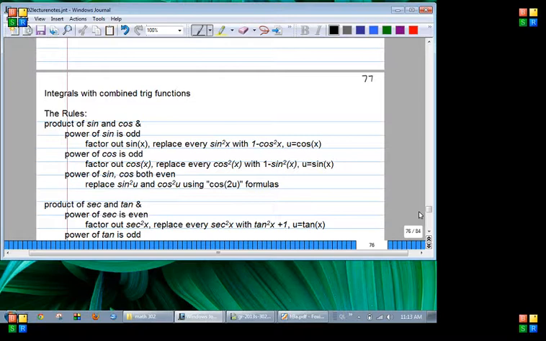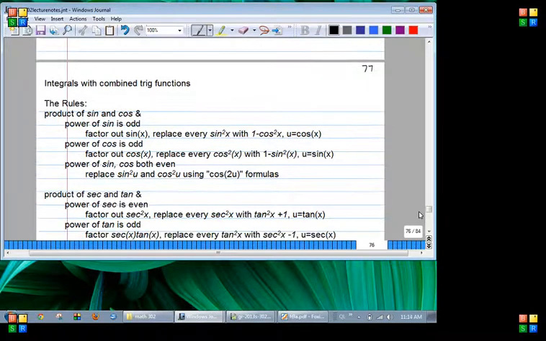What if you got a power of tan that's odd? We factor out the tan. You factor out not just a tan, a secant x tan x, because that's going to be your du. Then you replace every tan squared with secant squared x minus 1, and u is going to be secant x.